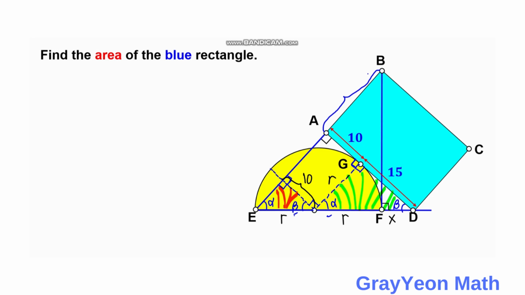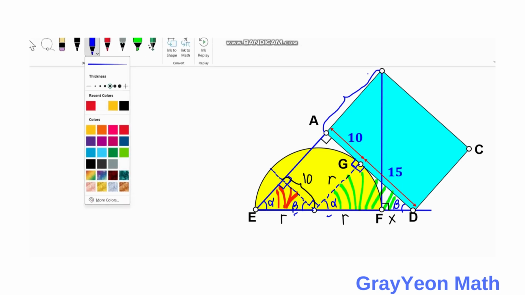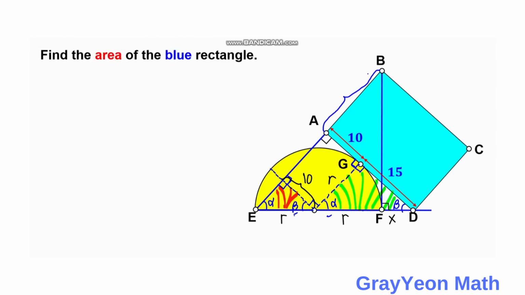Okay, so going back, comparing these two similar right triangles we have. We can focus on the angle beta.